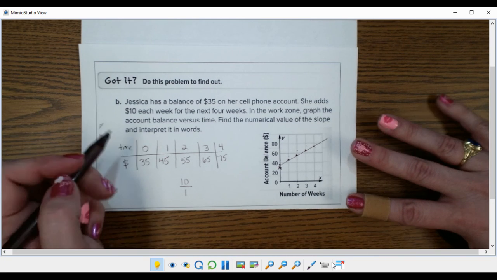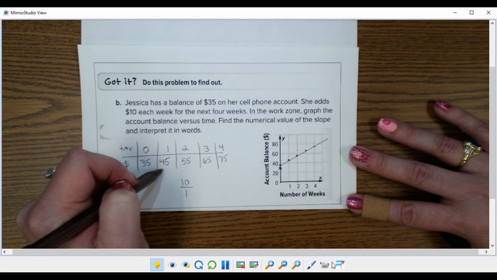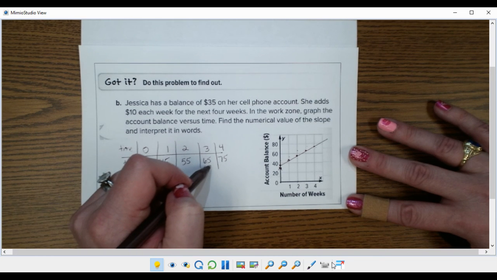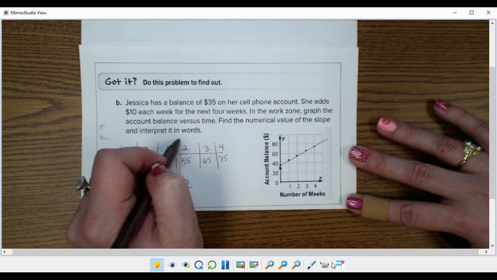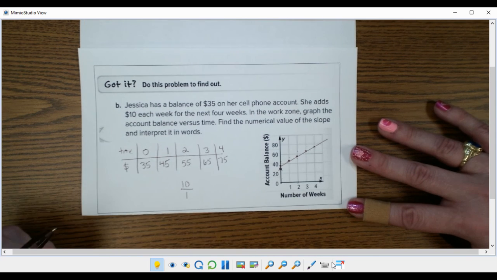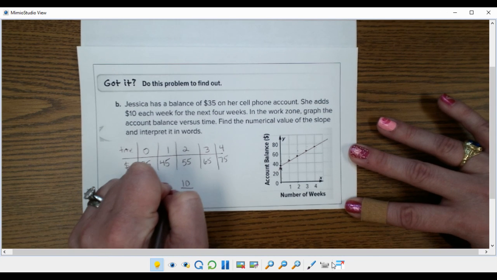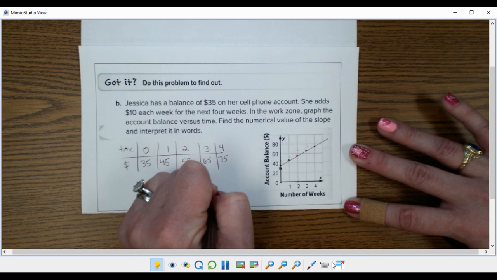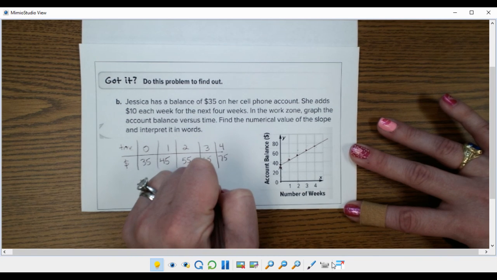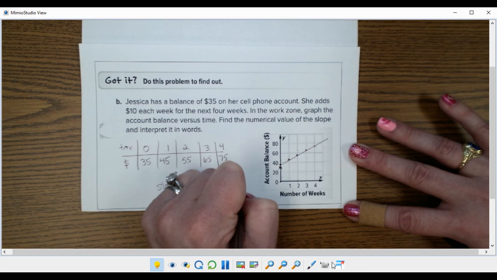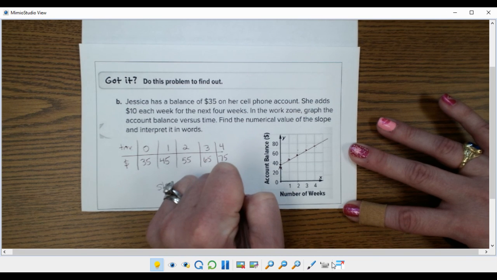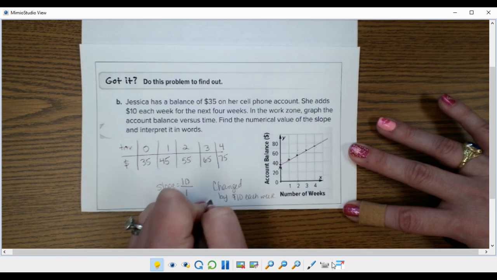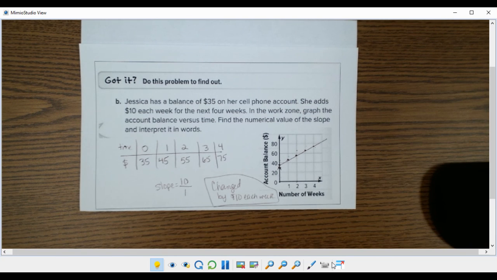We could do the same thing from the chart. We added 10, added 10, added 10, added 10, added 1, added 1, added 1, added 1. All right, so the slope is 10. What does that mean? That means she added, or the rate of change, by $10 each week. Okay?